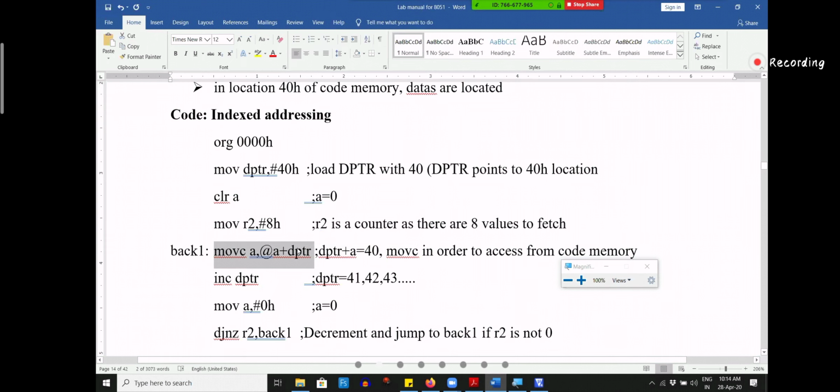Without this line, indexed addressing won't happen. Indexed addressing is the mode to get a value from code memory, and this syntax does that.